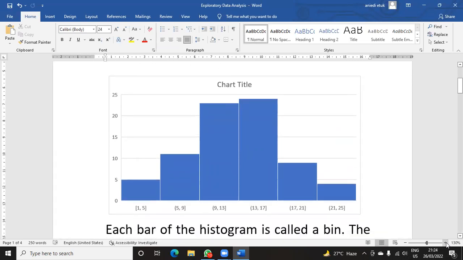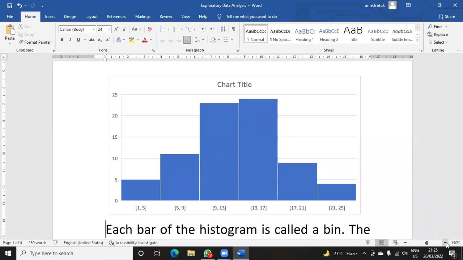These figures are arbitrary figures, just assumed figures. They have different ranges: 1 to 5, 5 to 9, 9 to 13, 13 to 17, 17 to 21, and 21 to 25.